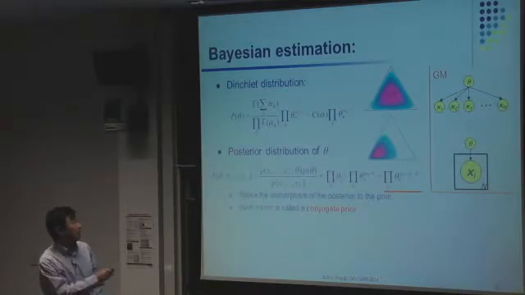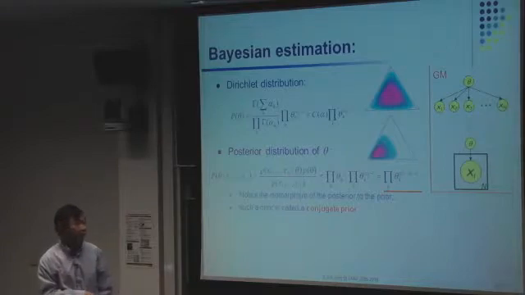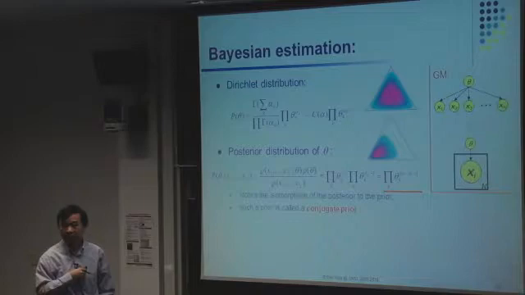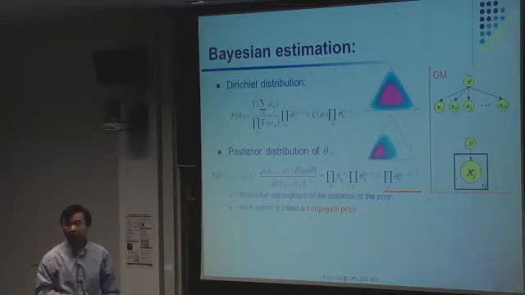And then once you have the prior, your posterior is defined as the likelihood times the prior divided by the marginal. And again, without any formal derivation, you should now realize that the posterior is written as this, which is a kind of readjusted Dirichlet distribution.